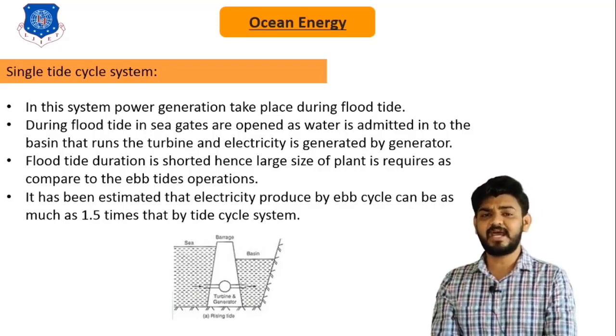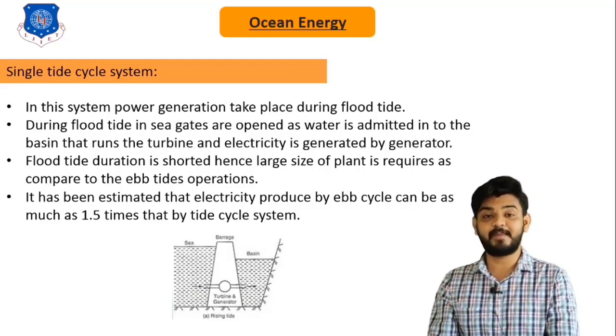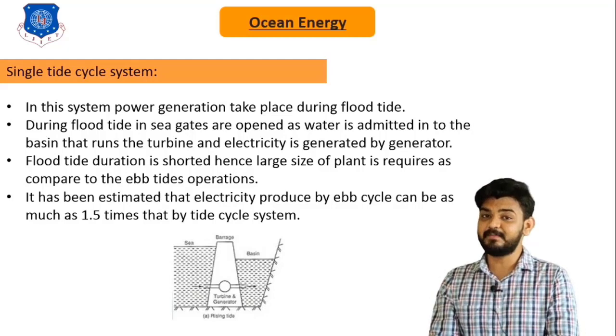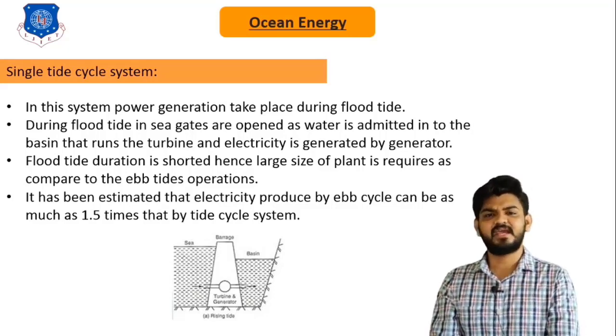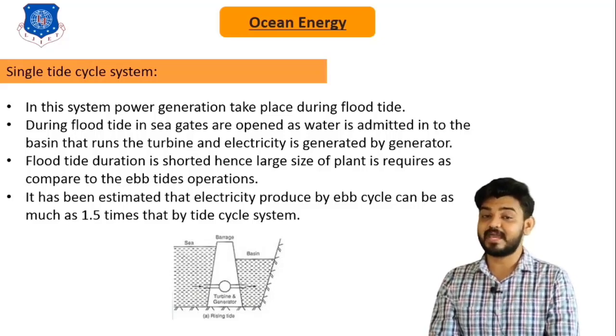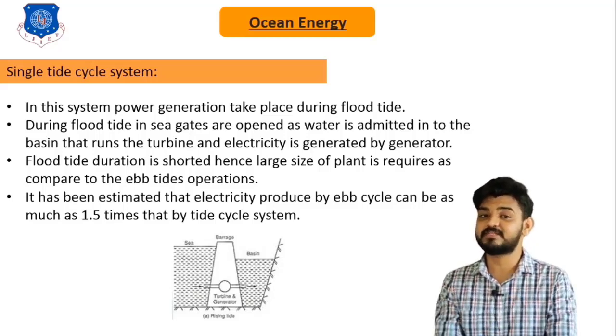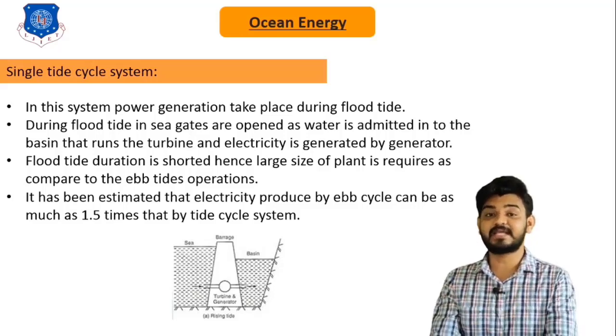The flood tide duration is shorter, hence a large size of turbine is required, which ultimately increases the size of the entire power generator. It has been estimated that the electricity produced by the ebb cycle can be as much as 1.5 times that of the flood tide cycle system.